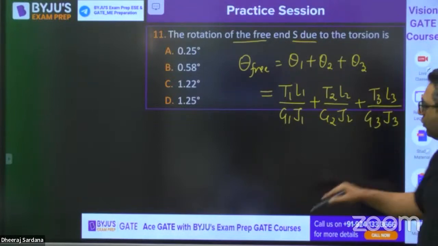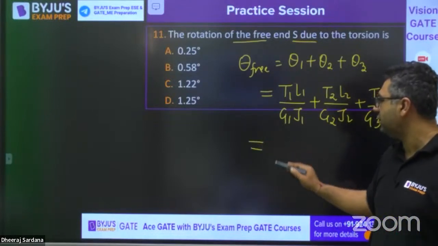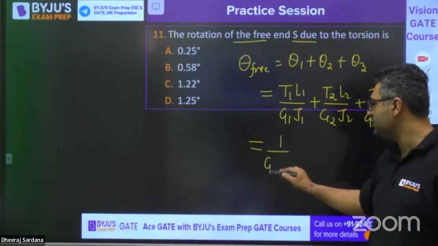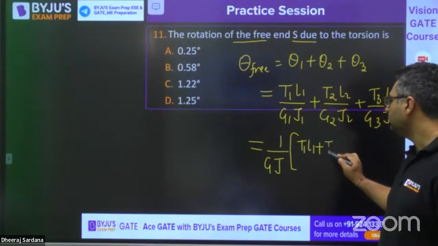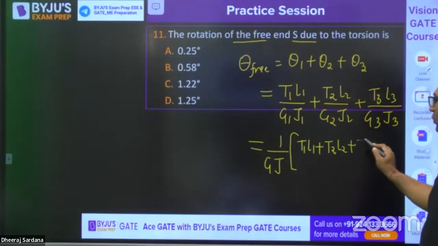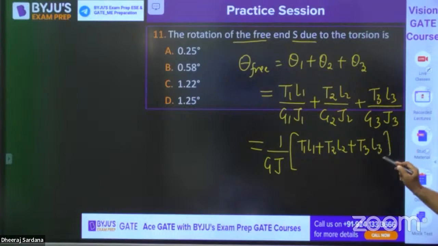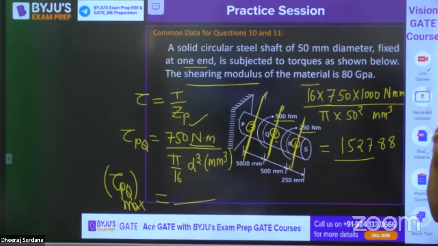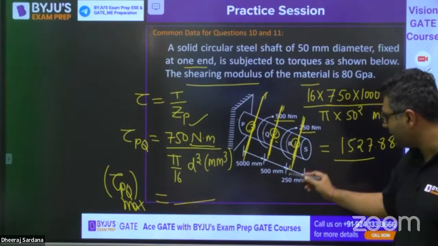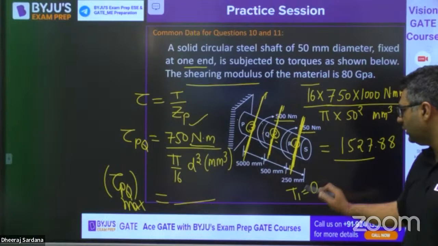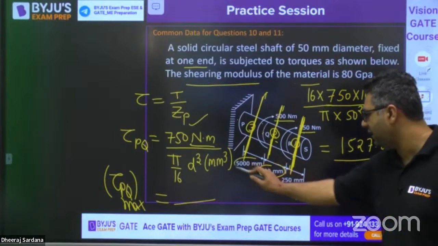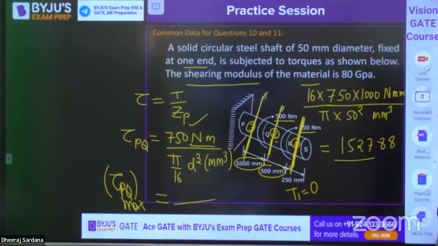You know that G and J are constant, so you can take G, J outside and it is T1 L1, T2 L2, T3 L3. For the first, the torque is 0. At free end, there is no torque. So T1 is 0. If you see the length is 500 and 5000 mm. Okay.